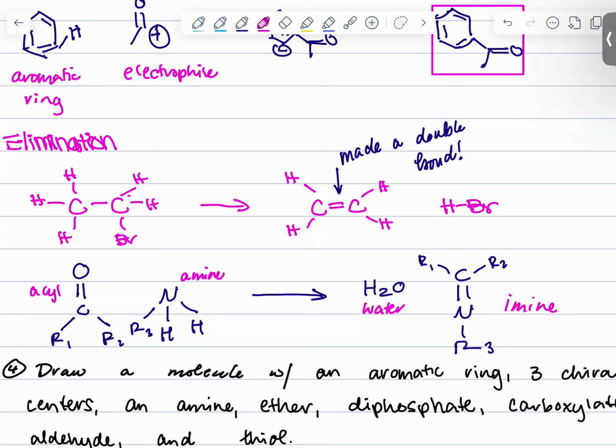Well, this has to be allowed to write on. Yeah, I don't see why not. I would say follow the highlighting. Okay, do we have someone who wants to do an acyl substitution?